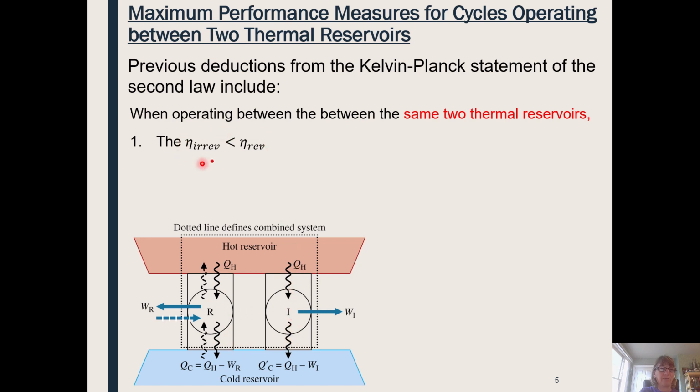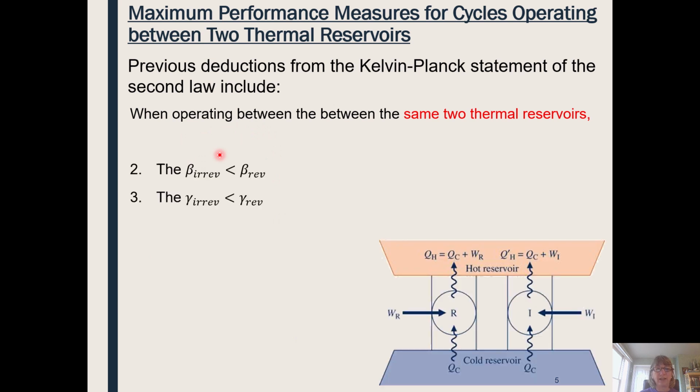And we've stated that before. That also goes with our heat pump or our refrigerator, okay? If going from the cold to the hot, putting work in, the reversible has a higher coefficient of performance than when there are irreversibilities present.